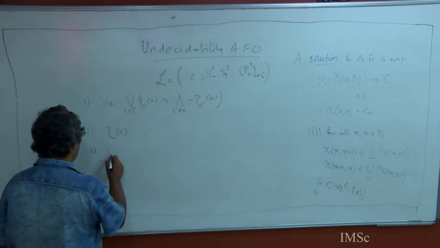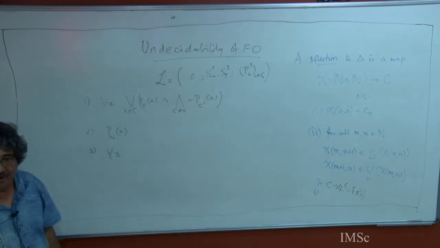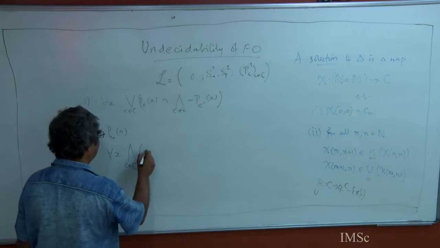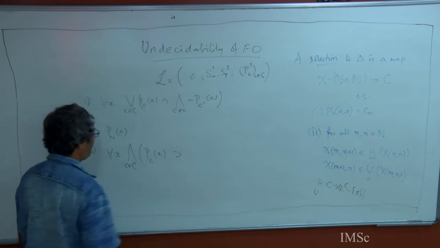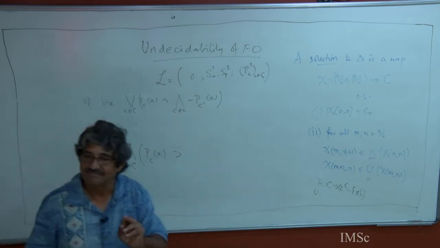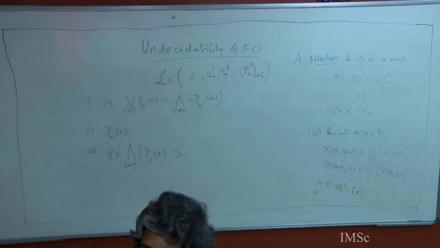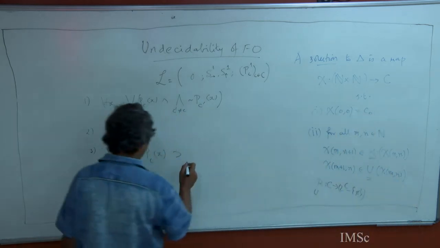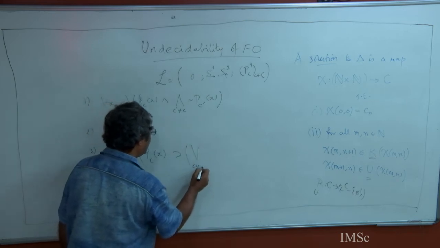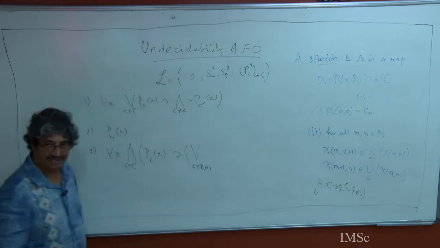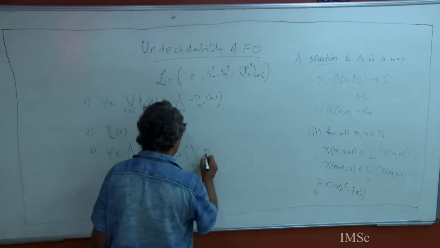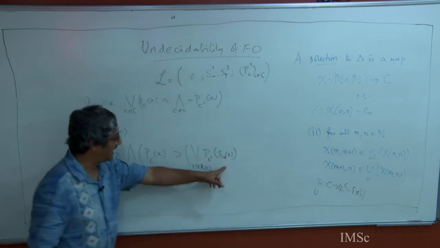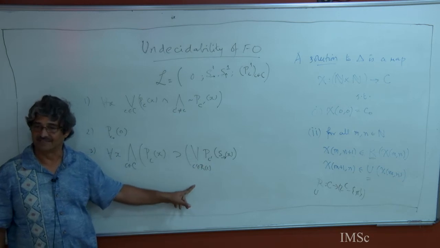So we must write down those conditions. So let's write them for all x. Once you have colored, and over C belonging to C, the moment you have colored a particular point with color C, what is the consistency condition? Exactly what is given here: implies or over C prime belonging to R of C, P C prime, right successor of x. The right successor of x should get one of these colors, right?